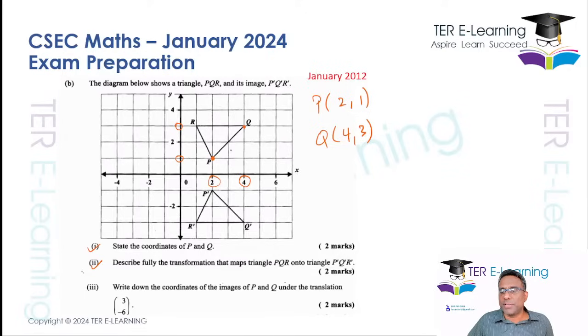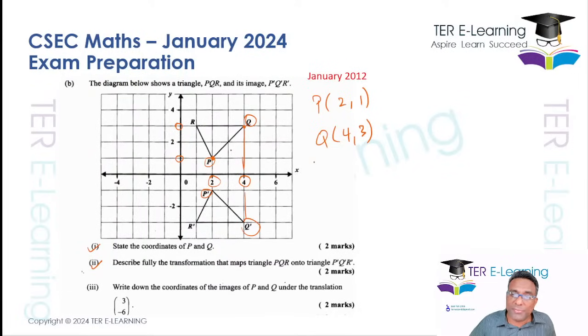Right, so most people are saying reflection, and 1 or 2 people are saying it's a rotation. So when you look at the diagram here, guys, look at where P is. P is here. P prime is here, right? Look at where Q is, and look at where Q prime is. Clearly, if we look at the diagram, we can see that it's a reflection, right?